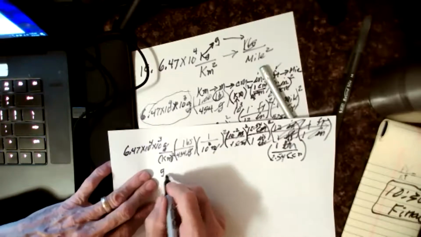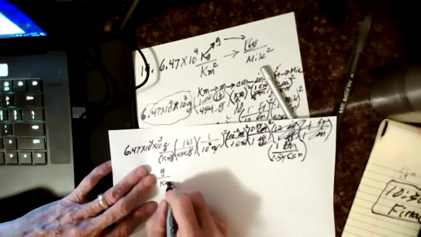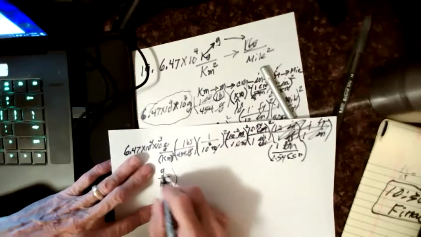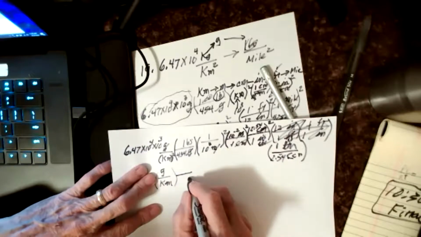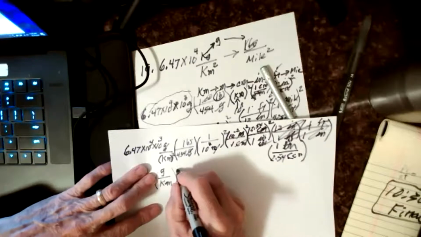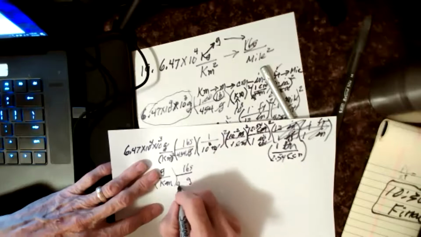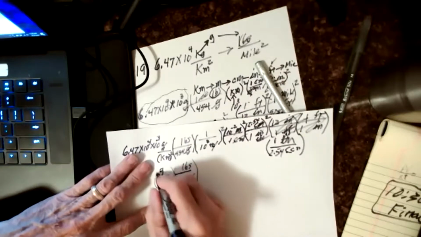I've got grams here, and I've got kilometers here. So to get rid of grams, I want it here. I want to go pounds up here. That's right, there's 454 of those in one of those.